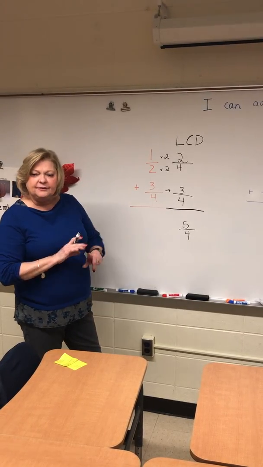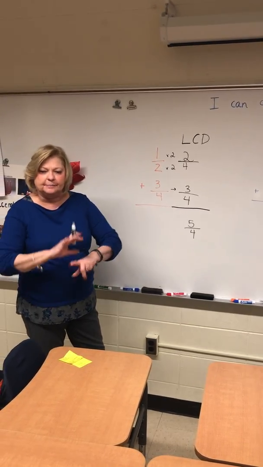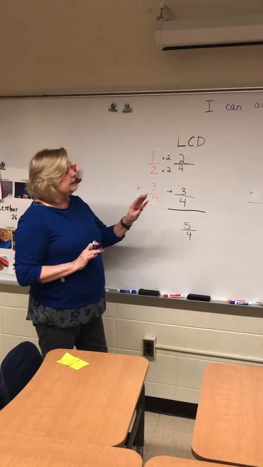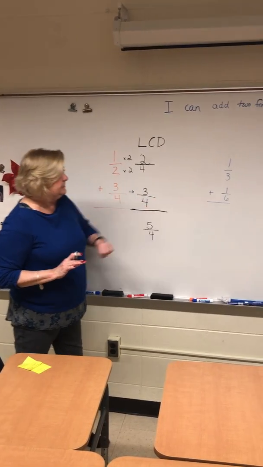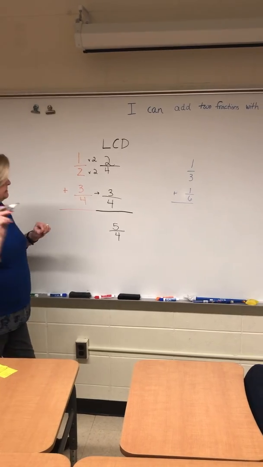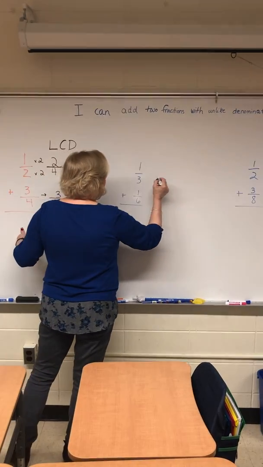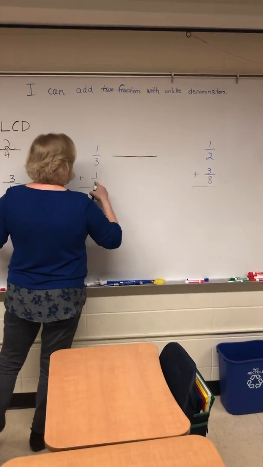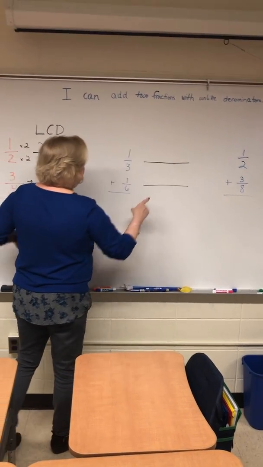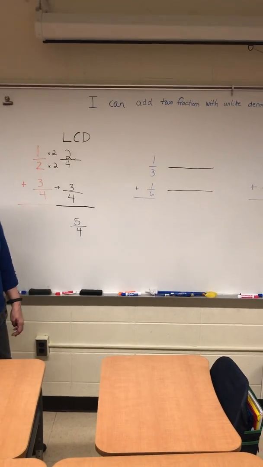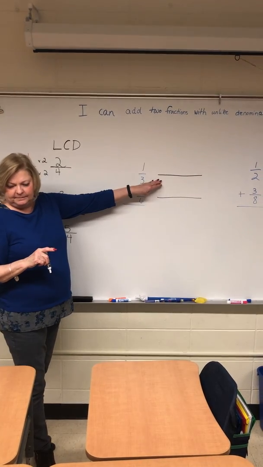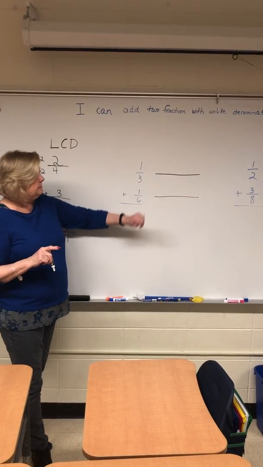All right, so let's have everybody get their dry erase boards out or a piece of paper or something, and we're going to try this one. So everybody put on their thinking caps, think about your multiples, and let's write all our multiples of 3 and all our multiples of 6 down on the bottom here. Everybody get their stuff out.